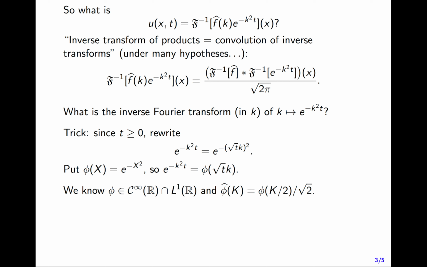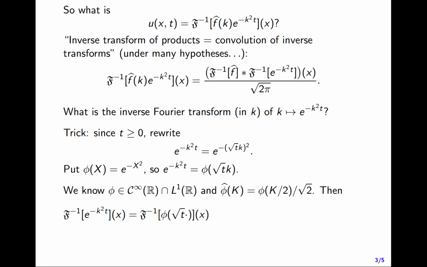And we calculated in the past that phi hat of k is phi of k over 2 divided by root 2. This was a great calculation that we do in the notes, and that's very special about this e to the minus x squared function. So the inverse Fourier transform of e to the minus k squared t at x is the inverse Fourier transform of phi scaled on the inside by root t.